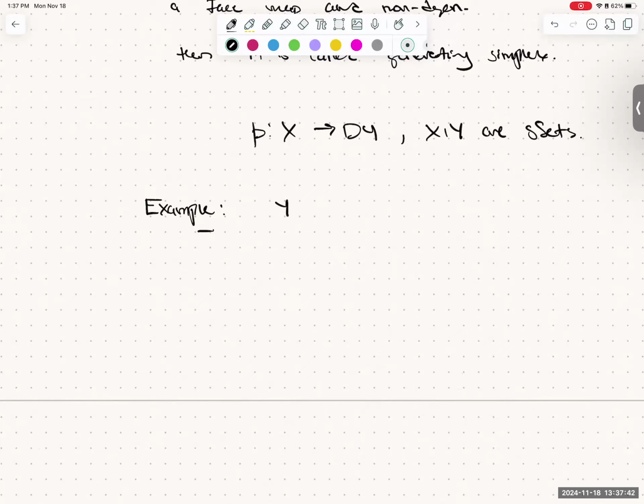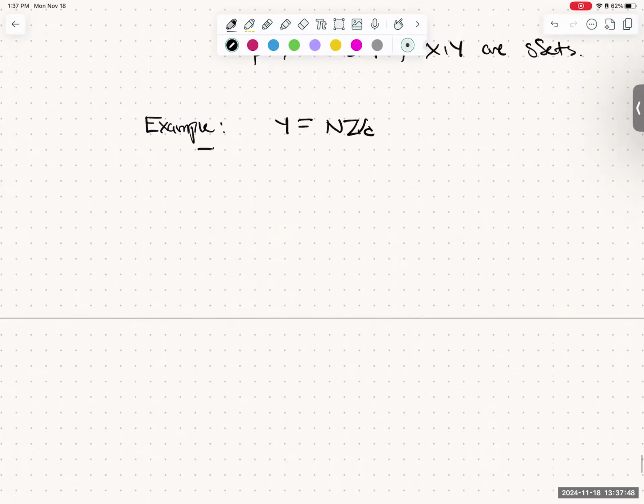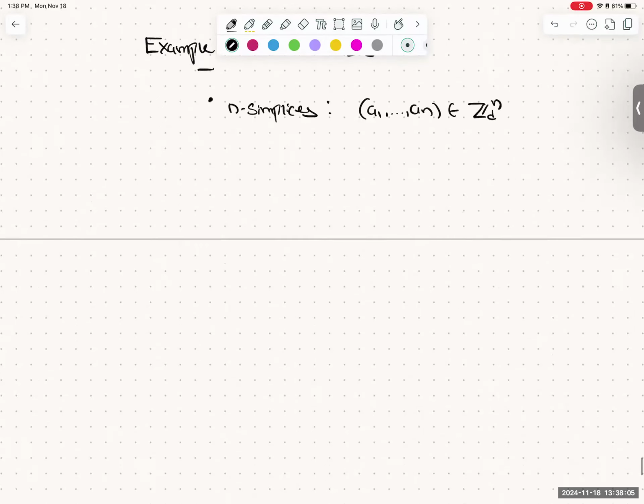So if you consider Y equals N Z_d, what does this thing look like? If you recall from Aziz's talk, the n-simplices are just n-tuples, and then we have some face and degeneracy maps. The face maps are as follows.